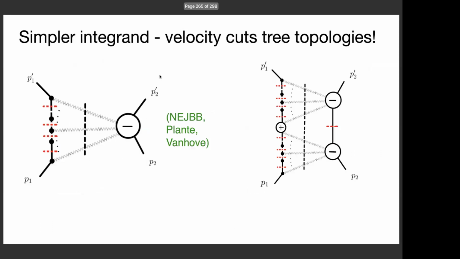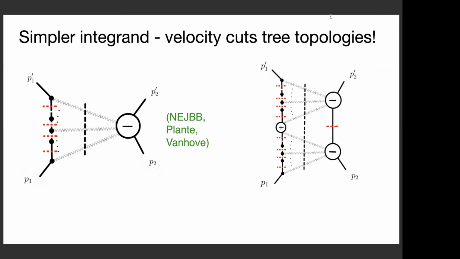When we write down the integrand pieces, if we look at a probe topology, on one side we just have to include the piece where we have pulled out all the delta functions. And on the other side, we have all the delta function insertions at the velocity cuts.